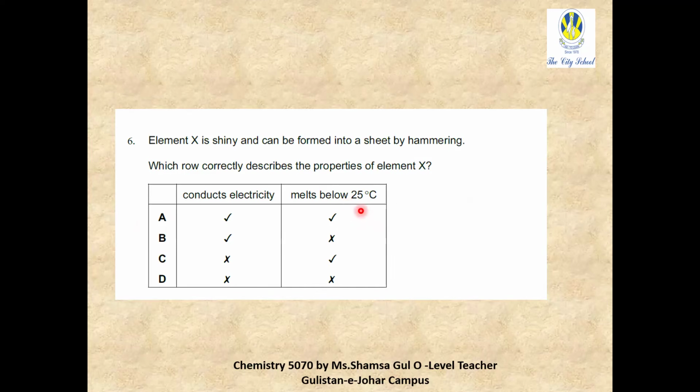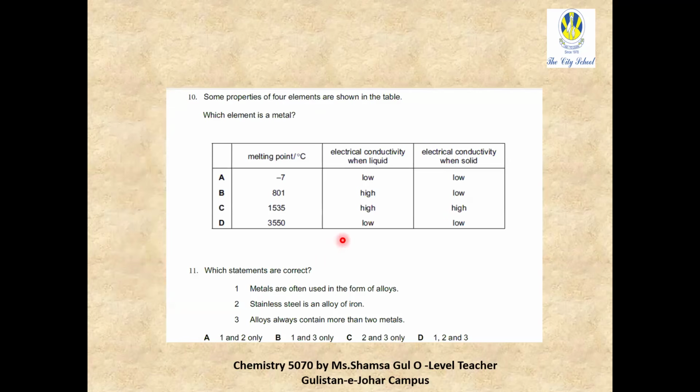It does not melt below 25 degrees Celsius, as it is going to be solid, so it will have a melting point higher than 25 degrees Celsius, right? And as it's a metal, it should conduct electricity. So it is supposed to be what? B. Very good. B. Okay? It does not melt below 25 degrees Celsius, right? I hope it's clear.